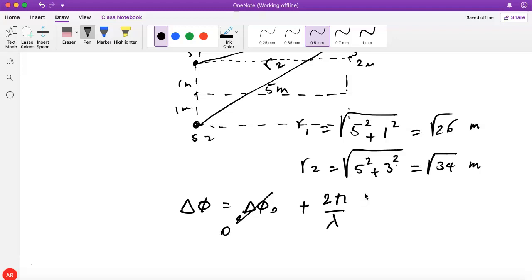So that's going to be square root 34 minus square root 26. And this is going to be in radians if we put lambda in meters, right?